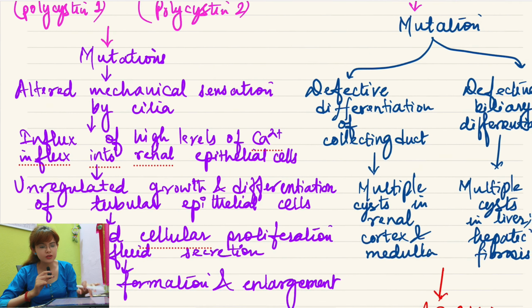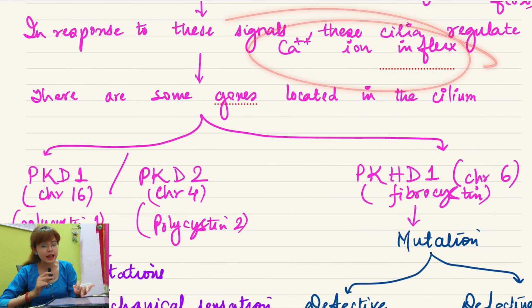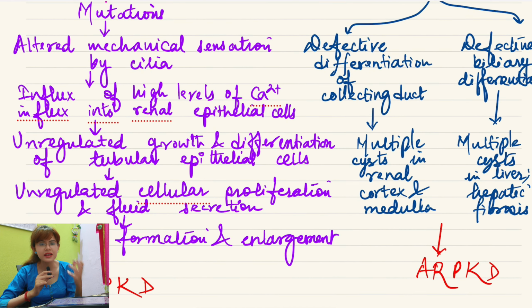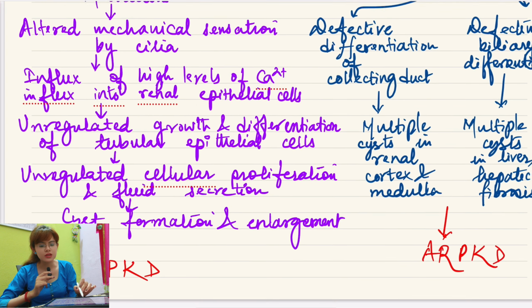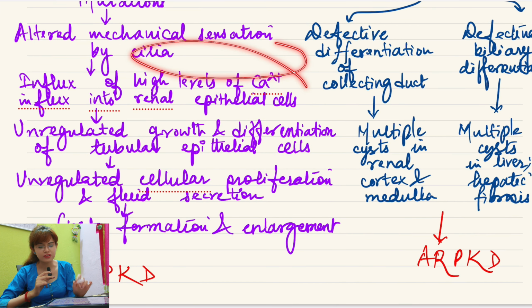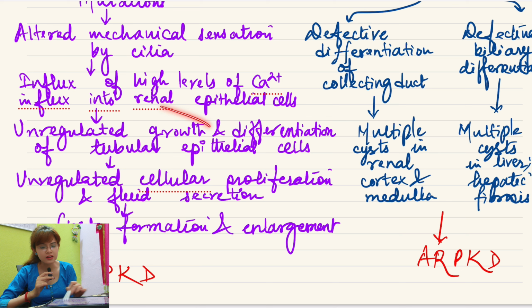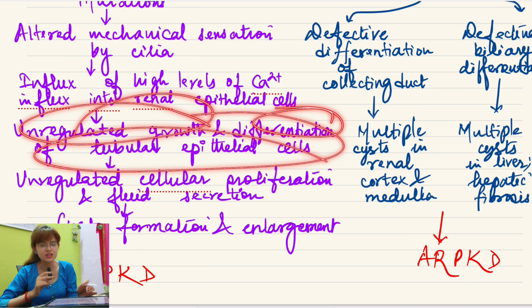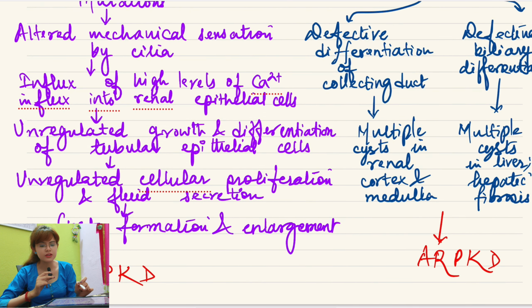As you know, its function was to regulate the calcium influx, so there is going to be a high amount of calcium influx into these renal epithelial cells. Because of this high level of calcium influx, this will ultimately cause unregulated growth and differentiation of these tubular epithelial cells. It will cause unregulated cellular proliferation and fluid secretion, which will ultimately cause cyst formation and enlargement. This is the basis for ADPKD.